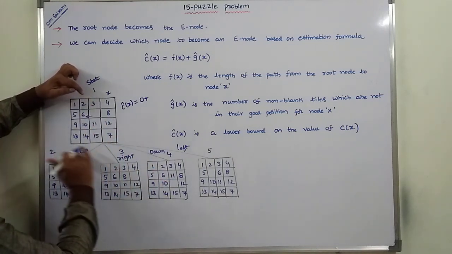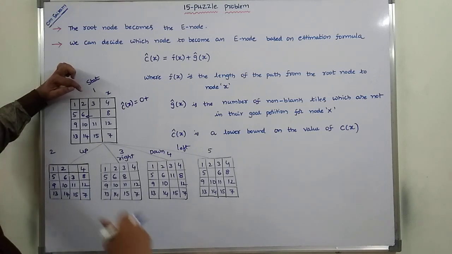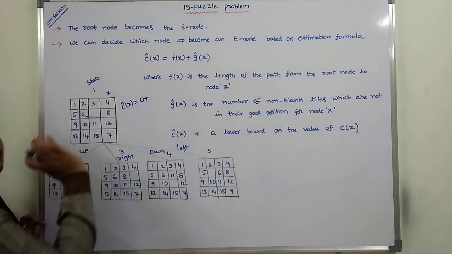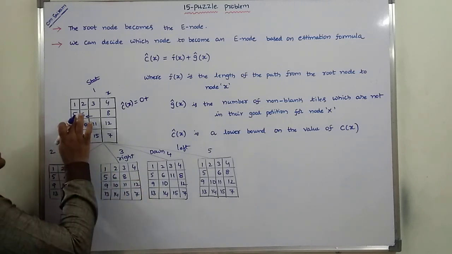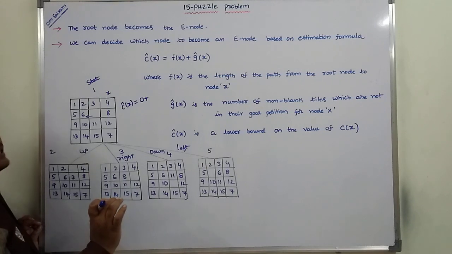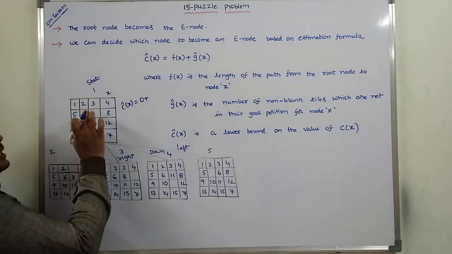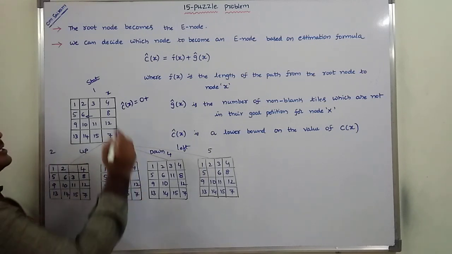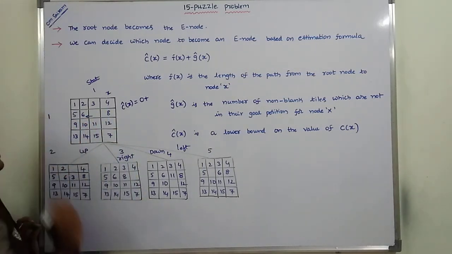Comparing this root node with the goal node. 4, it is already in the correct position. 5, it is already in the correct position. 6, it is already in the correct position. 7, it is not in the goal position. So that is one wrong.